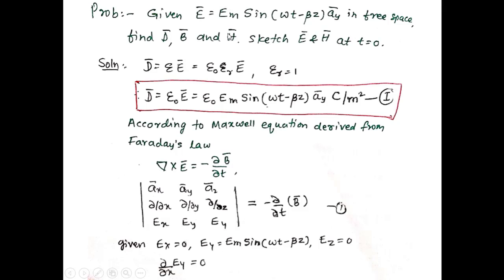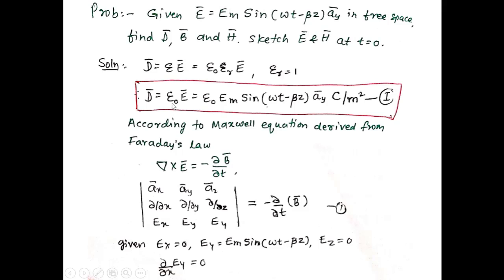Given E bar is equal to Em sin(omega t minus beta z) Ay bar in free space, find D bar, B bar and S bar, and sketch E bar and S bar at t is equal to 0. We know that the electric flux density D bar is equal to epsilon E bar, where permittivity epsilon is equal to epsilon naught epsilon r, but epsilon r is equal to 1 in vacuum.